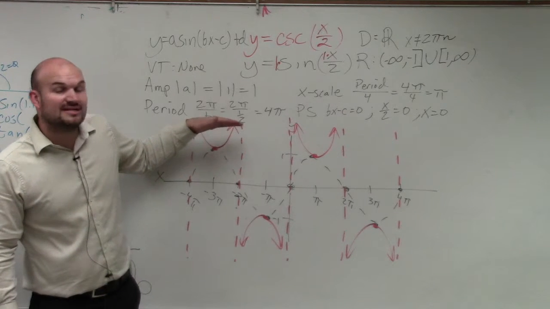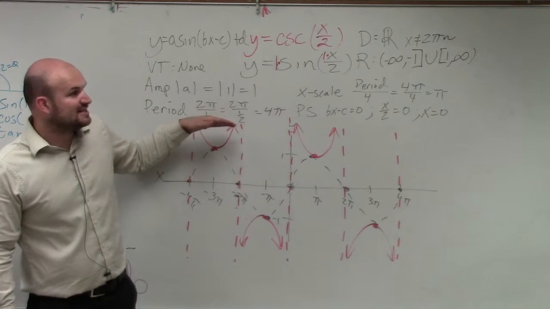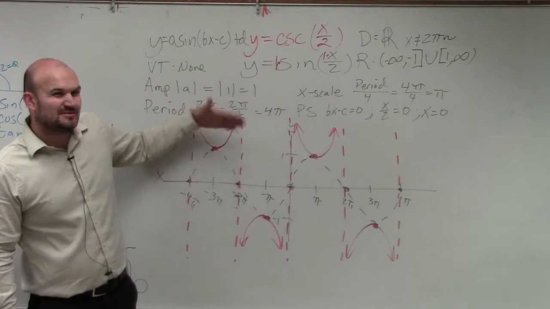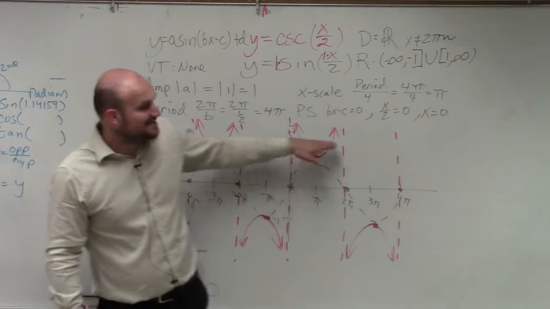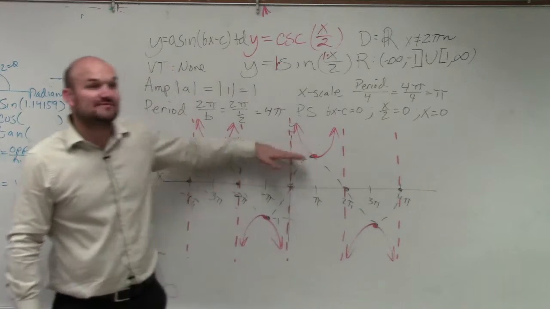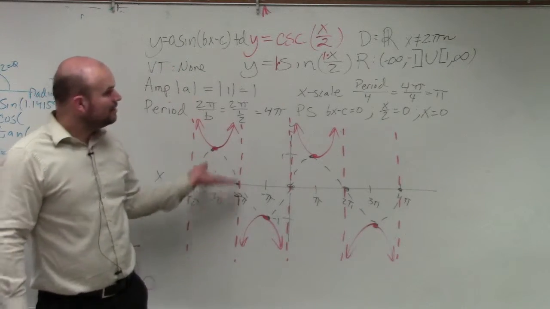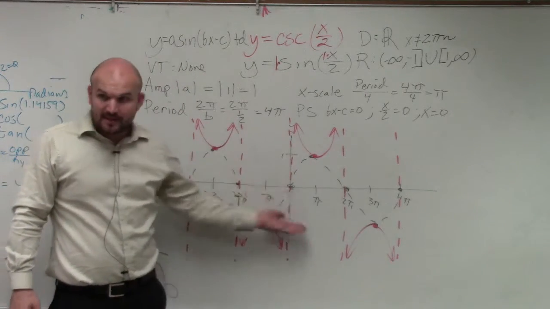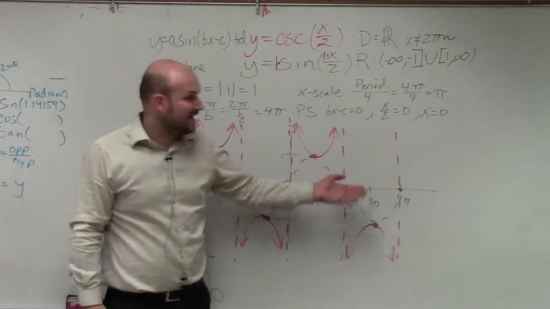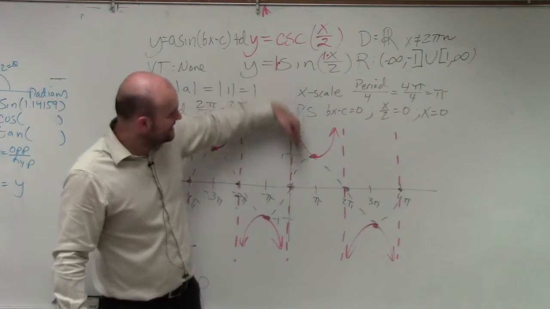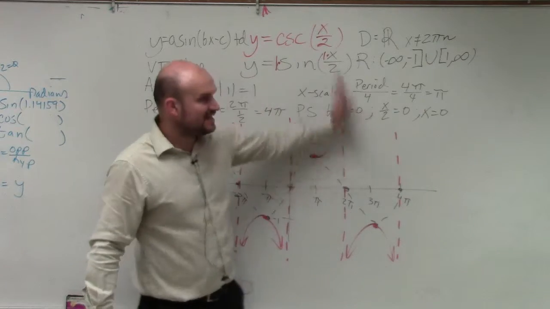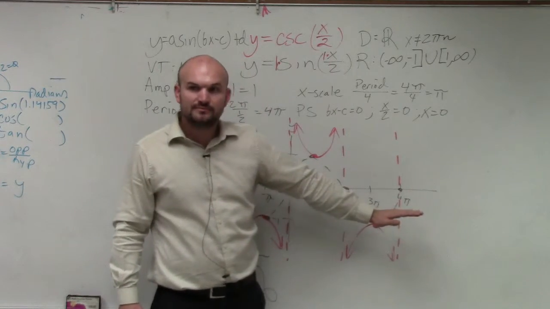Also, you guys can see, does this have any absolute max? No, but we have some relative maxes and some relative mins. We see that the graph is bounded at certain integers. We can also see that the graph is decreasing and increasing at certain intervals.